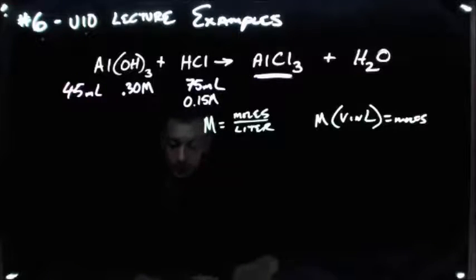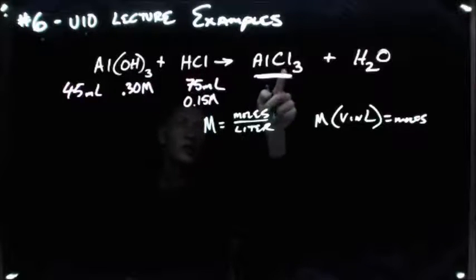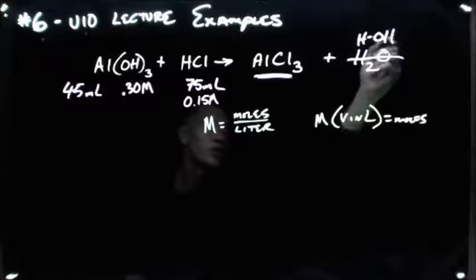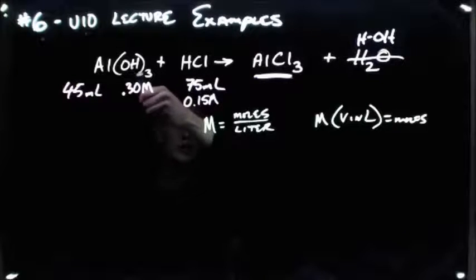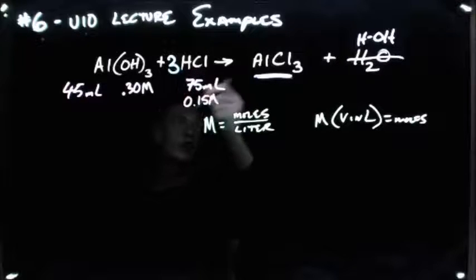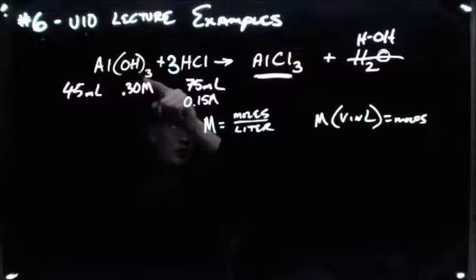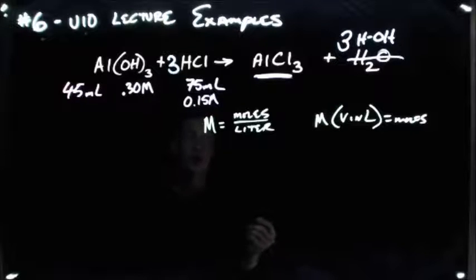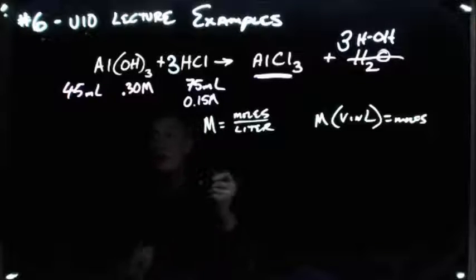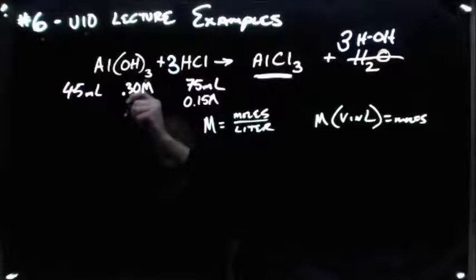So we've got 3 hydroxides, 3 chlorides, and I'm going to rewrite water as HOH. And the OHs came from the hydroxide, so I need 3 of those. So I'm going to put a 3 there to balance the chlorides. And then that gives me 3 hydrogen ions and 3 hydroxides, which means this is going to produce 3 waters. And now it's balanced.